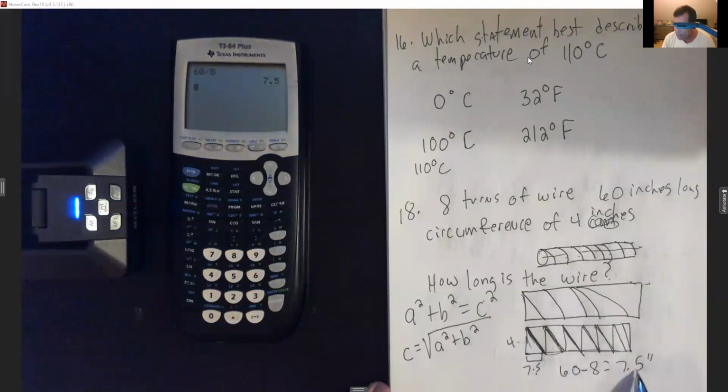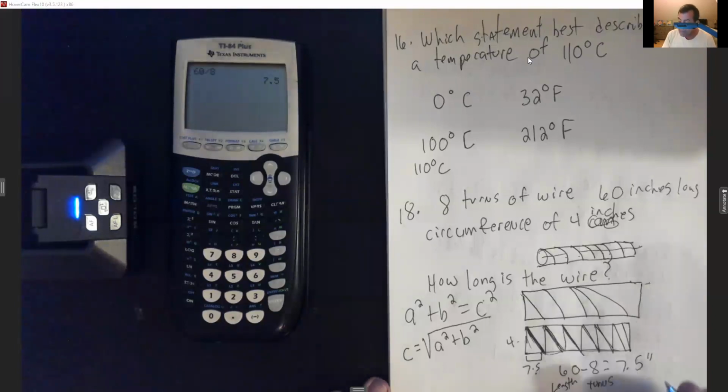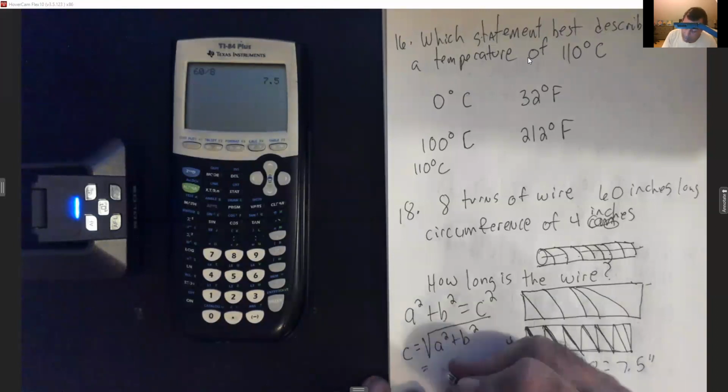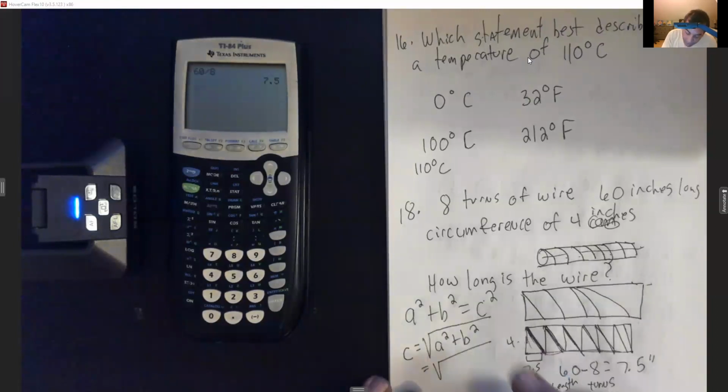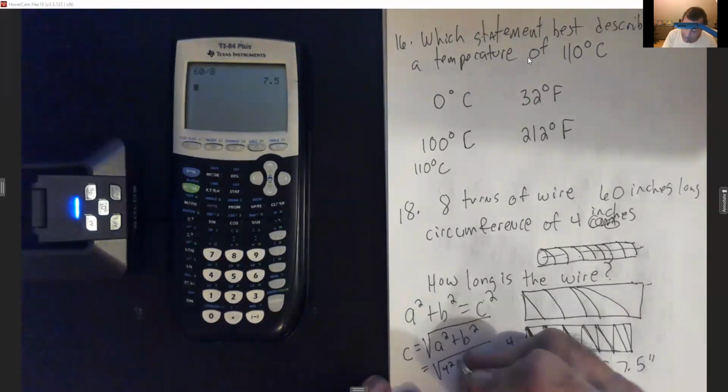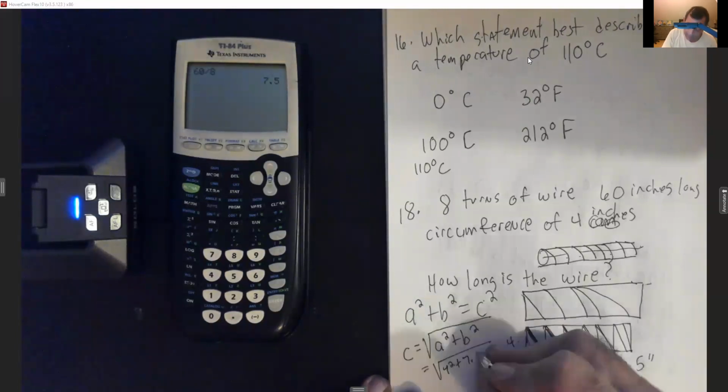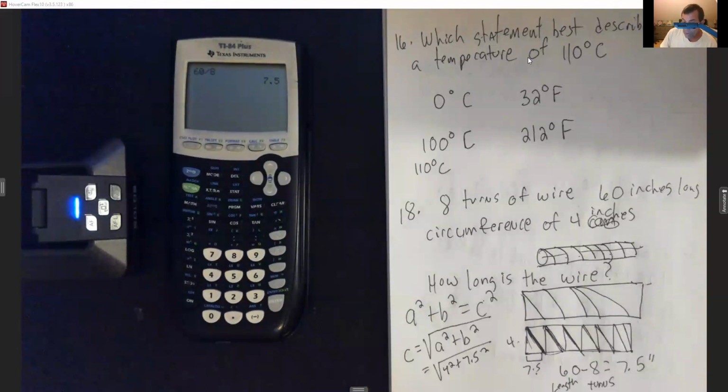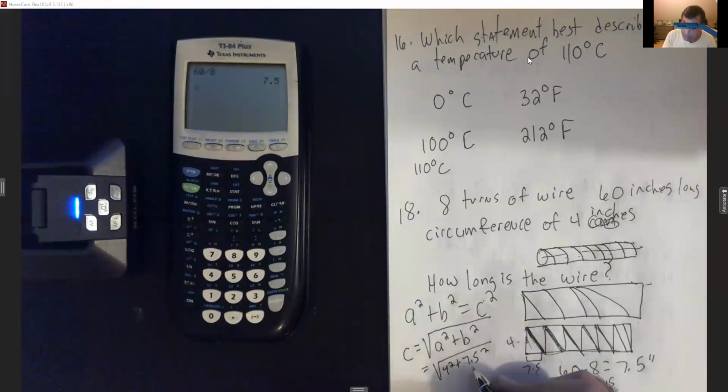If your pole's 80, you'll do 80 divided by 8 as long as it's 8 turns, okay? So this is the number of turns, and this is the length of that pole for y'all, okay? So now this would be the square root of 4 squared plus 7.5 squared. Now, if you're doing this by hand using order of operations, you would square those numbers first before you did the square root.